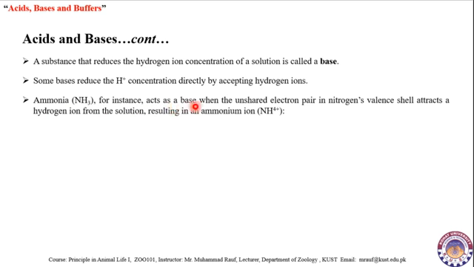Ammonia acts as a base when the unshared electron pair in nitrogen's outermost shell attracts a hydrogen ion from the solution, resulting in an ammonium ion. You can see here when ammonia is introduced into an aqueous solution, it associates with hydrogen ions, thereby decreasing the number of hydrogen ions and forming ammonium ion.